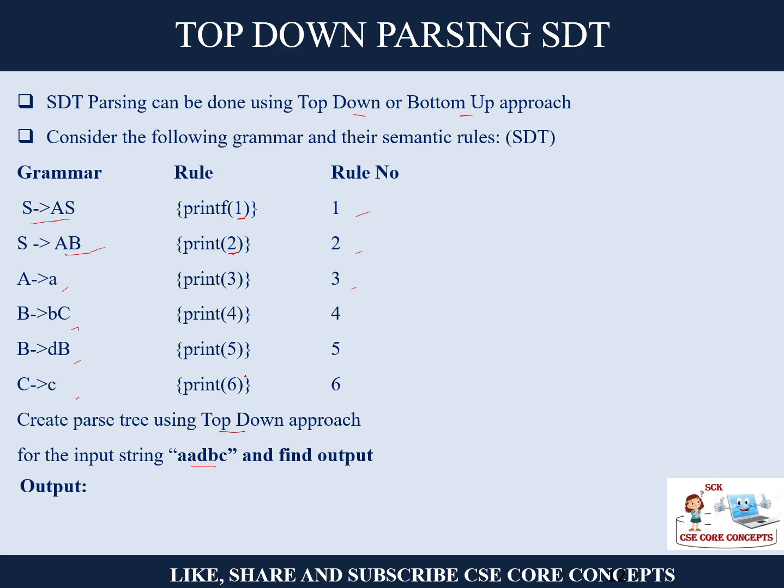The first element of my string is a small a. So where can I get a small a? I can get a small a from capital A. But how can I get a capital A? I will have to start with the start symbol.